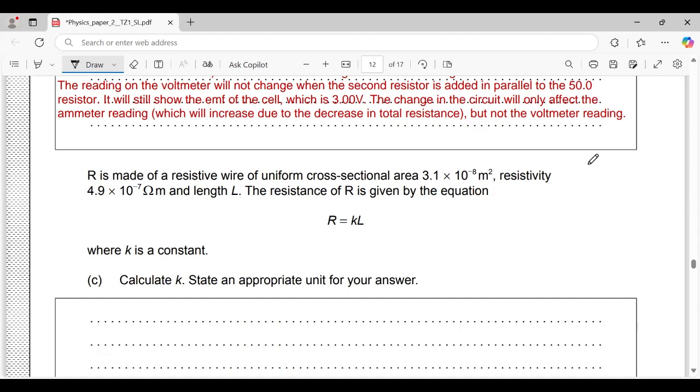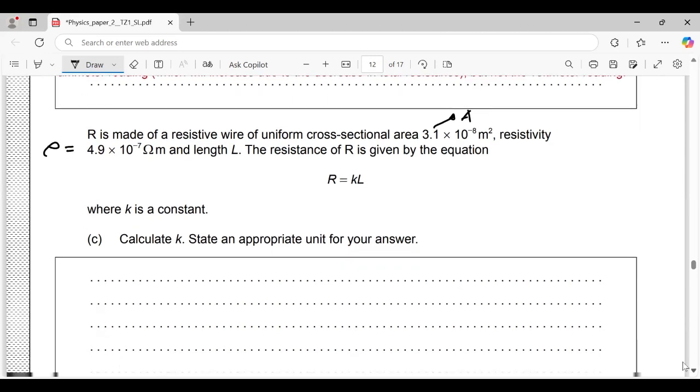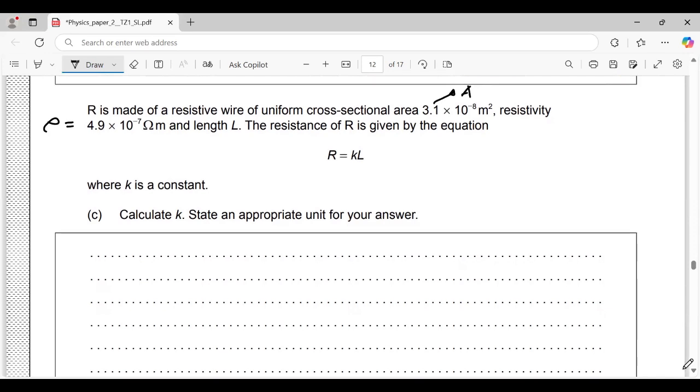All right, so the resistivity is rho, and the area is A. The formula is R equals KL.